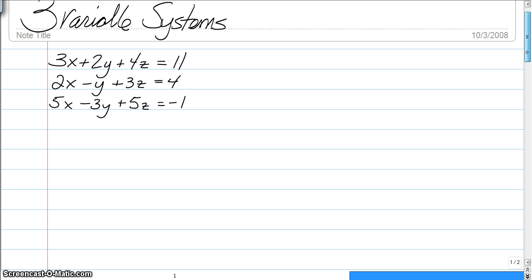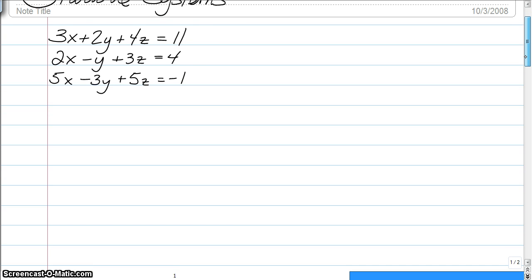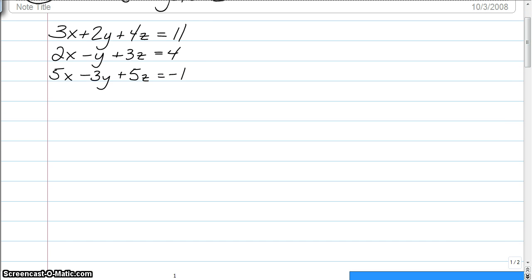This one example is probably going to take us between 7 and 10 minutes. So here we go. We are going to work with 3 variable systems. So I'm going to tell you right now, this is going to take a lot of work. We're going to fill up all of this blank space right here. So step 1, you want to find a variable that's very easy to work with in this problem. So you can look at your x's, and you've got a 3, a 2, and a 5. Now before I say what I'm going to do, you can actually do this any way you want.